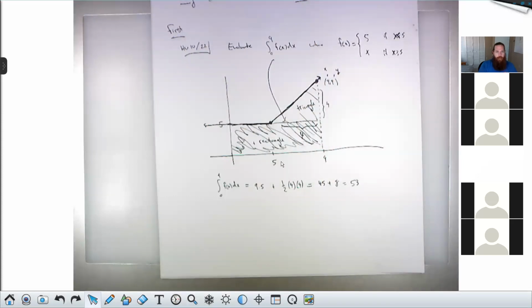All right. Yeah. So this is a good problem. I'm happy to go over this. This is one of those integral problems where we're meant to solve it geometrically, because this is coming from before we had the fundamental theorem of calculus. Now you could do this these days with the fundamental theorem of calculus. You could integrate up to 5, this constant function, and then you could integrate from 5 to 9, this guy.